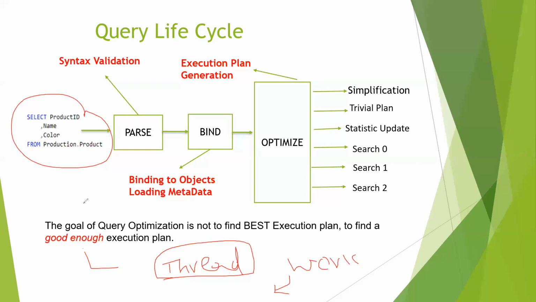The same thing applies in SQL Server: you have multiple tasks. For example, I want to execute this query. This is one task. It creates the task, and this task will be assigned to a worker or thread, and the thread will execute your query.